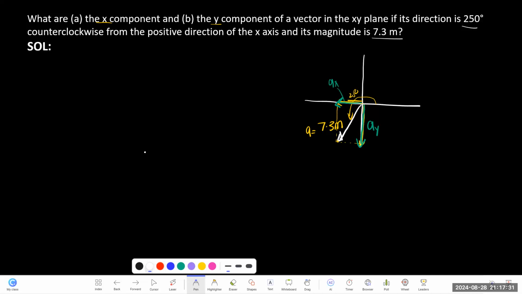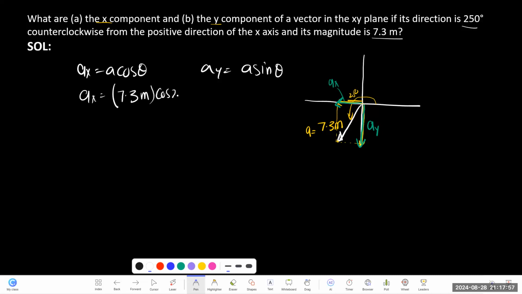A few minutes ago we learned about AX and AY. AX equals A cosine theta and AY equals A sine theta. I'm going to substitute the values: AX equals 7.3 meters times cosine 250, and AY equals 7.3 times sine 250.